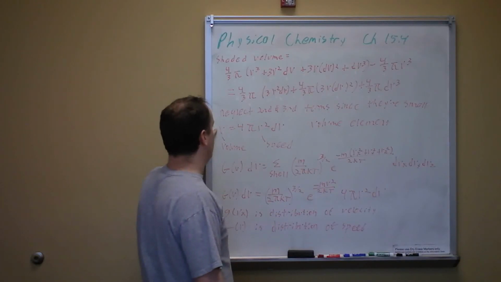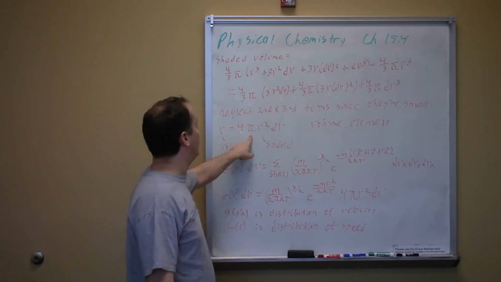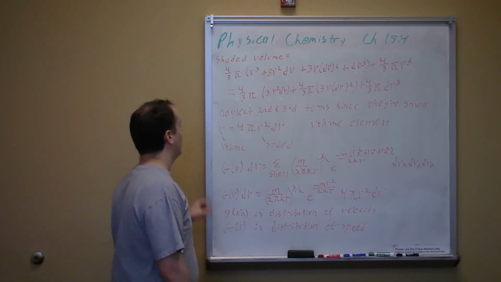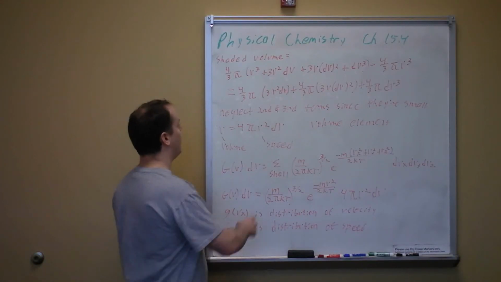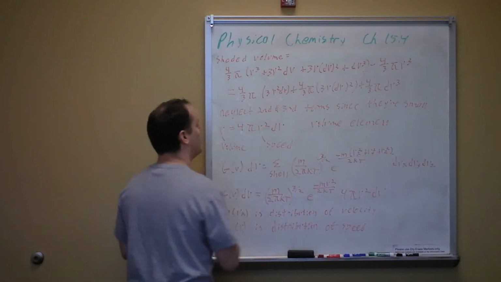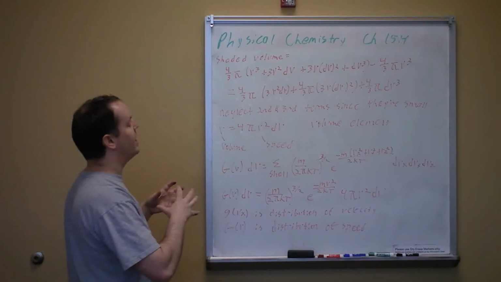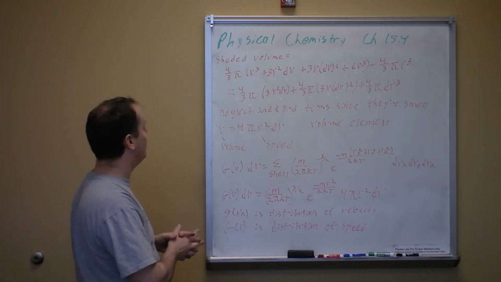So our volume, that entire shell, is equal to 4 pi times the speed squared times the differential of speed. Remember, this is capital V for volume, and this is lowercase v for speed. This is called our volume element. The reason is that in that entire shell, all the different points have different velocities, but they all have the same speed.